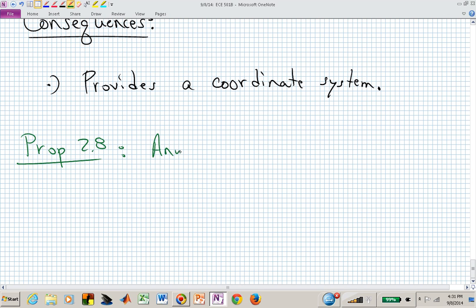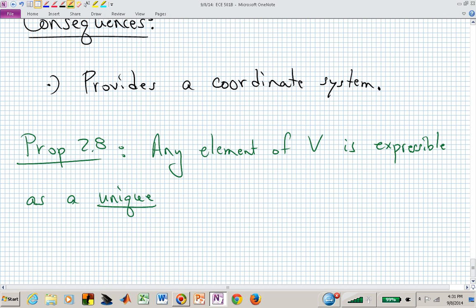Any element that lives in your vector space, or any element of the vector space V, is expressible as a unique linear combination of basis vectors.